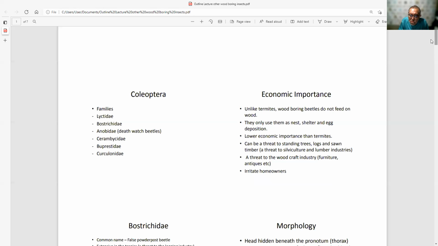Because beetles, they do not have the enzyme. Unlike termites, termites, they do have the cellulase, whereby they have the ability to digest cellulose, the toughest carbohydrate structure. Yeah? But beetles don't. Yeah? Jadi they do not have the ability to consume wood.